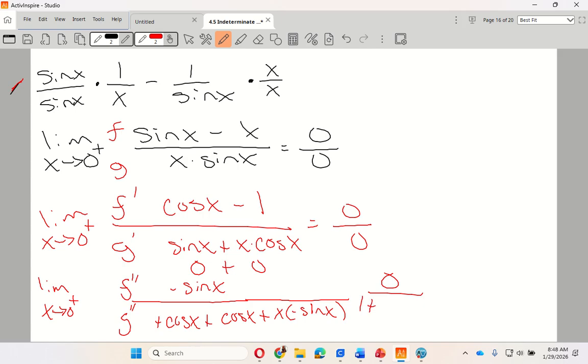So 1 plus cosine at 0, 1. So negative sine times 0 is 0, right? Because this piece right here gives me 1, this piece gives me 1, and this right here gives me 0. So I get 0 over 2, which is an answer of 0.